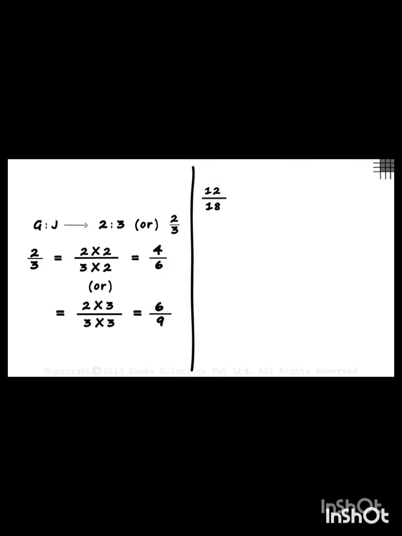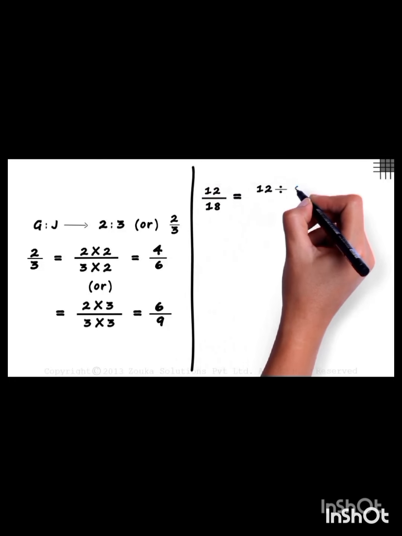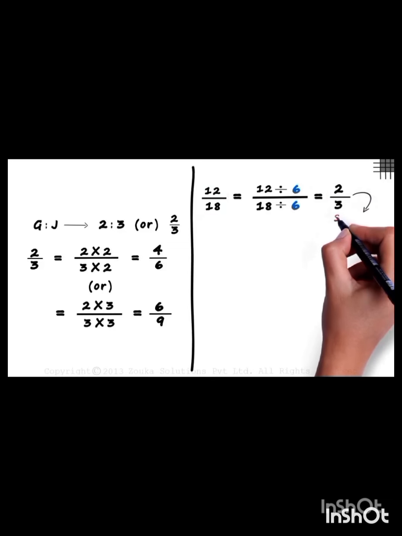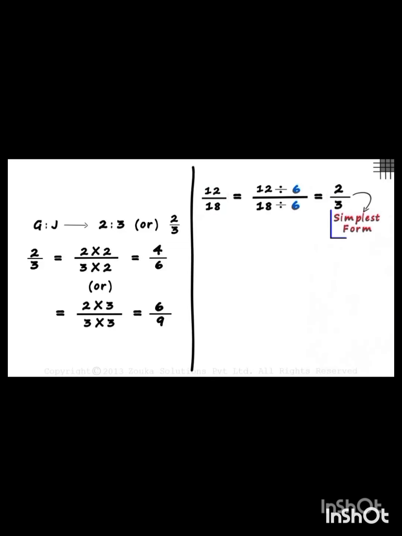Let's consider the ratio 12 by 18. We can divide the numerator and the denominator by 6 and we will get again 2 by 3. So this is called the simplest form. It cannot be further reduced.